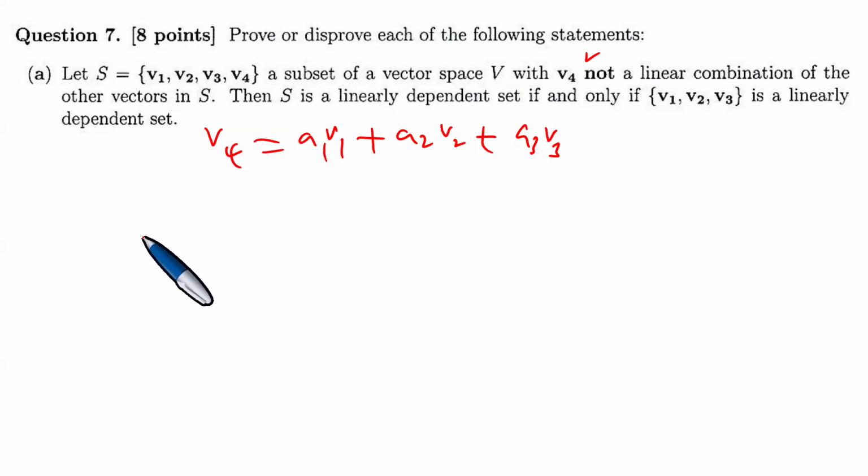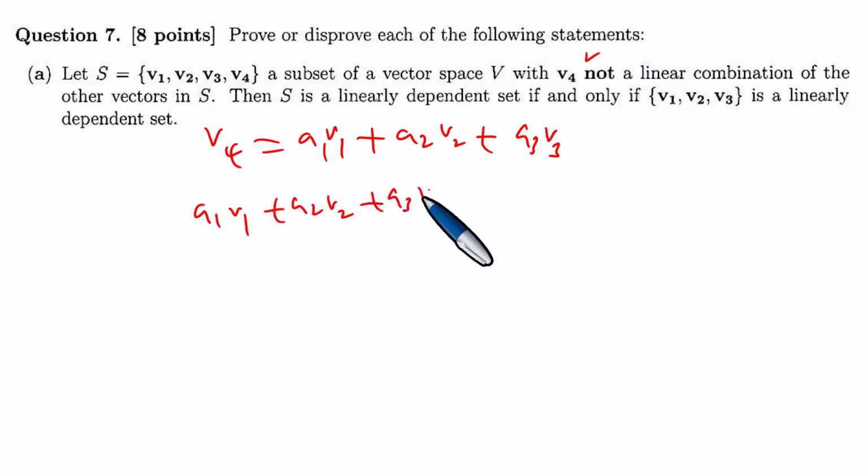Because if this were the case, what would it mean? It would mean that V4 can be written like this, and if you rearrange, you have A1V1 + A2V2 + A3V3 - V4 = 0.